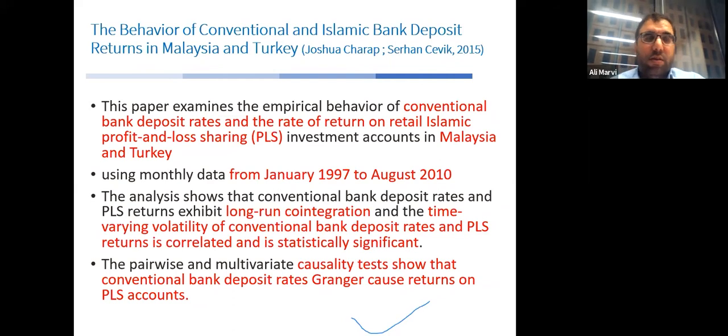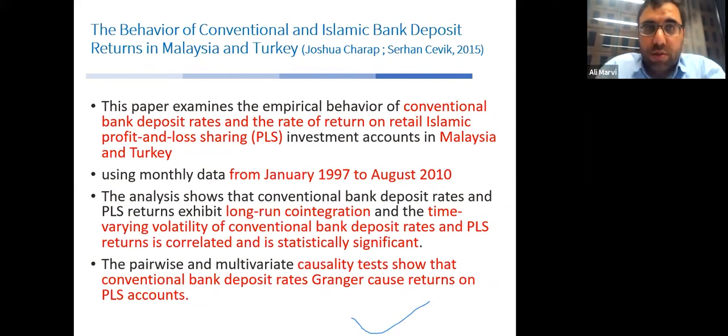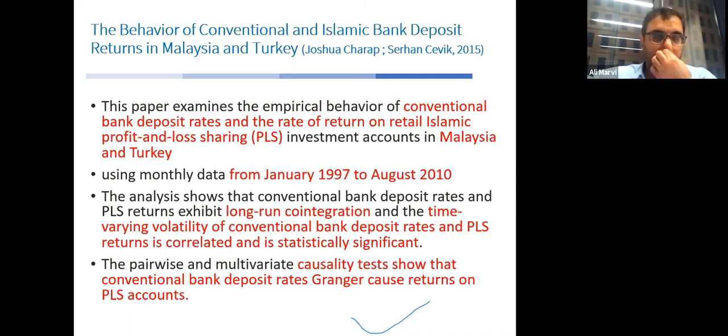In other words, in both Malaysia and Turkey, where we have dual banking, both Islamic banks and conventional banks, it seems that Islamic banks are followers of conventional banks, in the sense that at least the rate of retail Islamic PLS contracts or PLS investment accounts is following the interest rates of conventional banks.